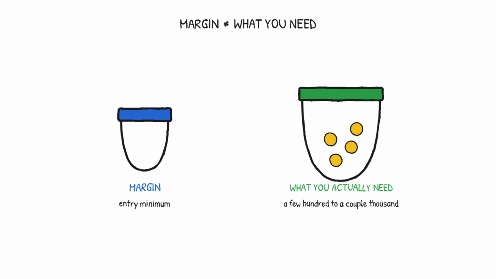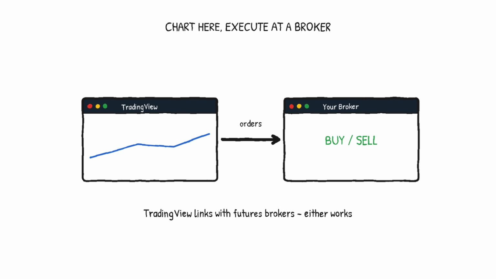One thing to know: TradingView is your charting and analysis home, but you place real trades through a connected broker. TradingView links with several futures brokers, so many people chart on TradingView and execute in their broker platform. Either works.